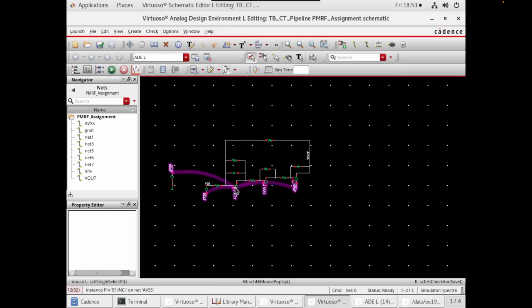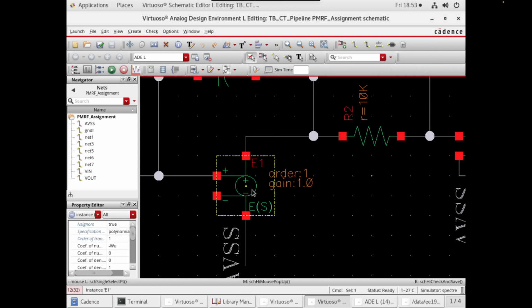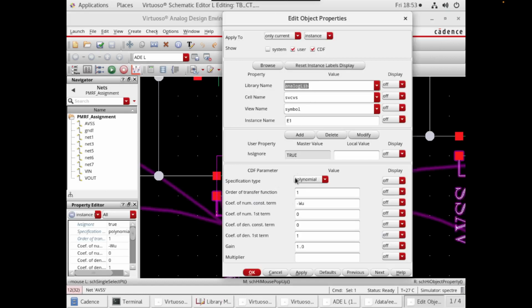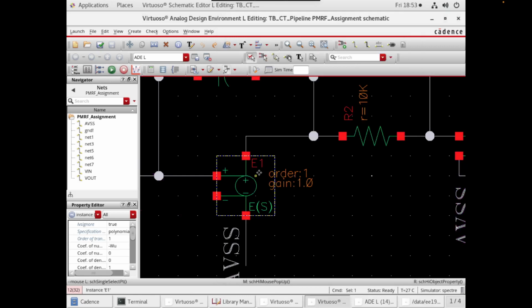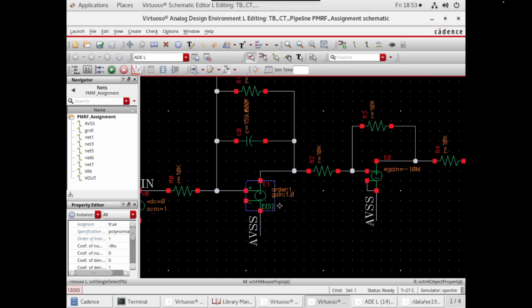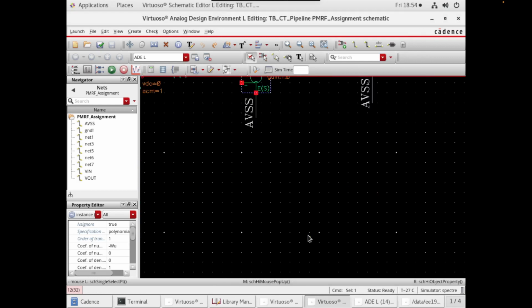Basically, how I have created it, I will show. There is an element in Cadence called SVCVS, with which you can implement the transfer functions. For LT Spice, you can do the following. Let's say you want to create some omega u by s kind of transfer function in LT Spice.